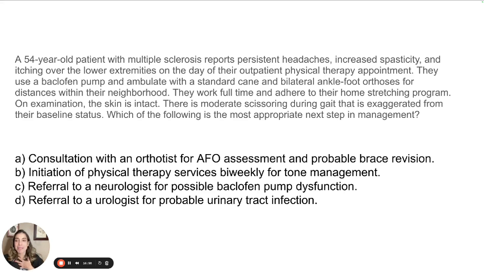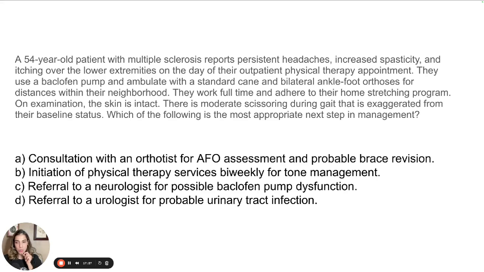So I'm thinking there is a baclofen pump dysfunction happening. Okay, because a urinary tract infection will probably cause fever, chills, all of those other things. Something in the question would have told us something about infectious disease.